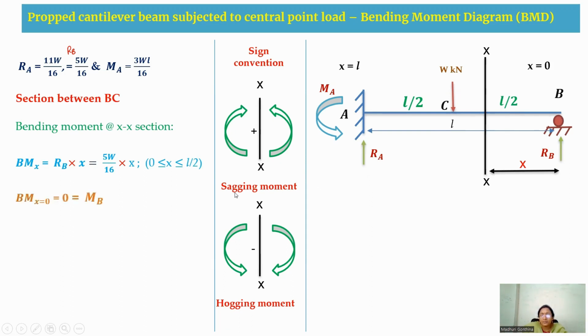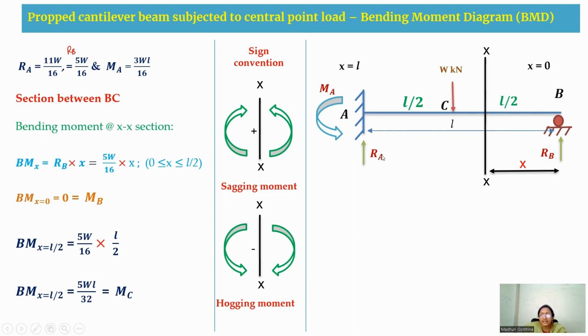When I substitute x equal to 0, you get a 0 moment. And when we substitute x equal to L by 2, you get the moment to be 5WL by 32. That is at the C portion. So this is a 0 moment at B, and at C you have a positive moment of 5WL by 32. This is when the section is in the BC segment.